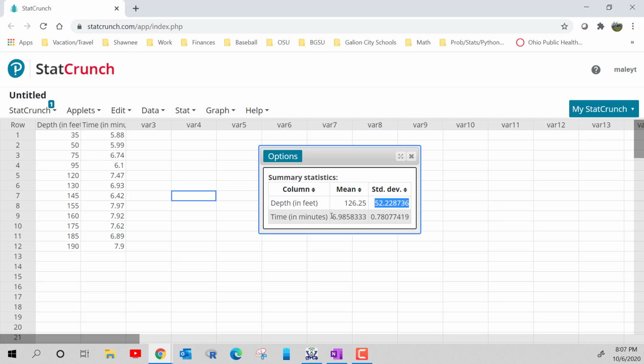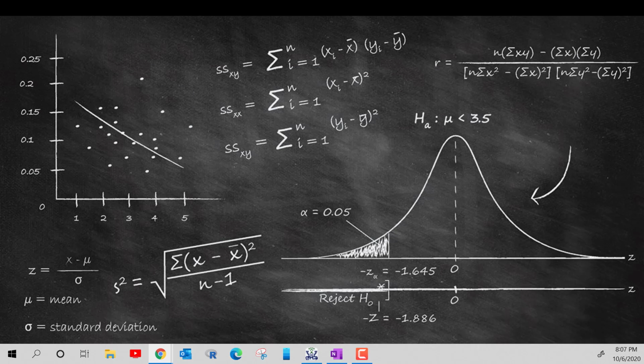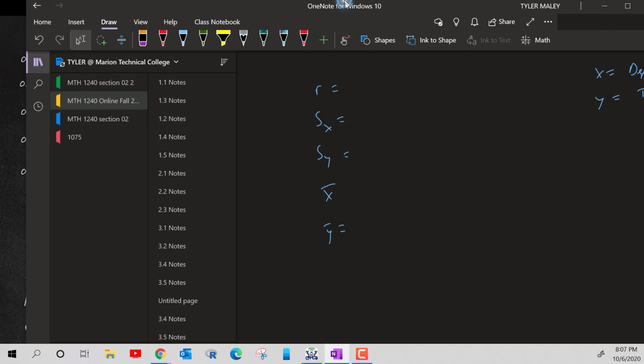Then this 6.985 number would be y bar, the mean of the y variable, and this value here, 0.78, would be s of y. So we found all of those.